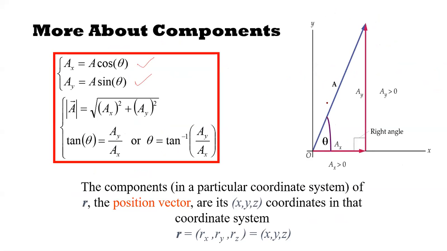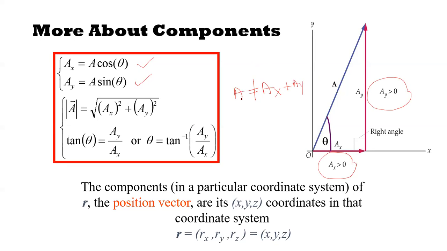If I know AX and AY, and both are positive, and I want to figure out the length from here to here, we know A is not equal to AX plus AY.